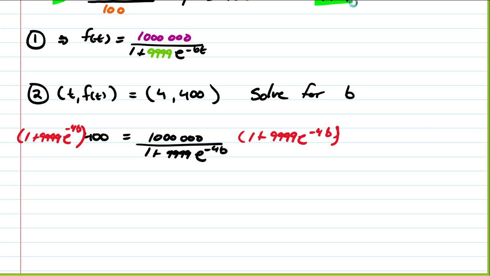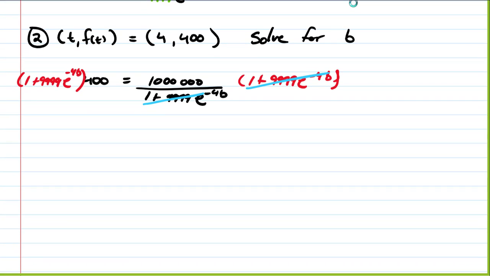So on the right-hand side, they reduce out, and that leaves us with 400 times 1 plus 9,999 e to the negative 4b is equal to 1,000,000. And we need to solve for b.